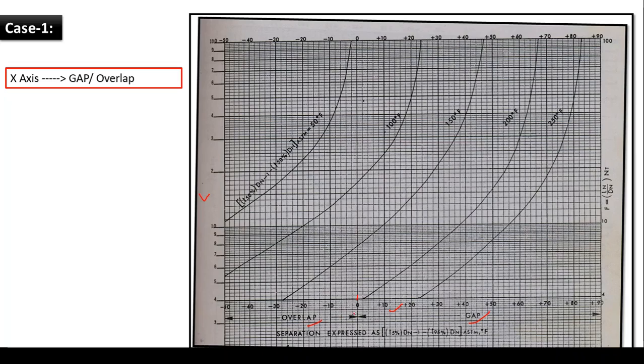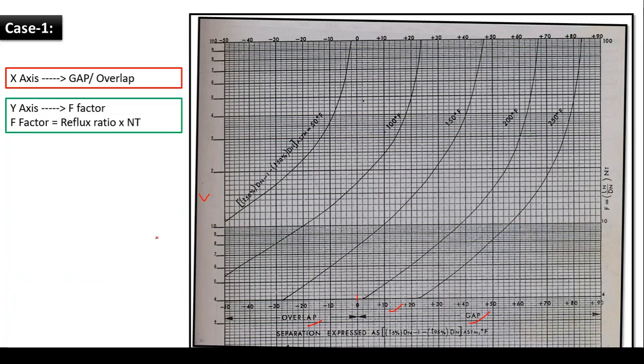If the value is less than 0, it is an overlap. We'll discuss later what the basic meaning of these is. This tells whether fractionation is possible or not in case 1. The y-axis is the F factor, which is the reflux ratio multiplied by the total number of trays between these. This is the calculation step for the y-axis.